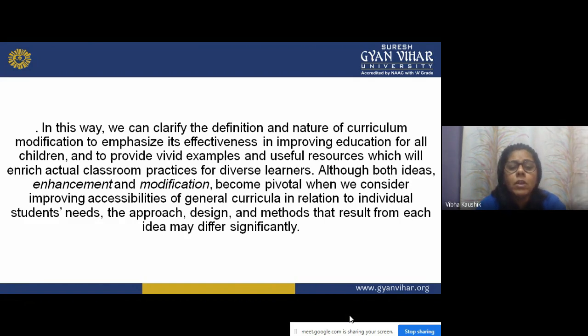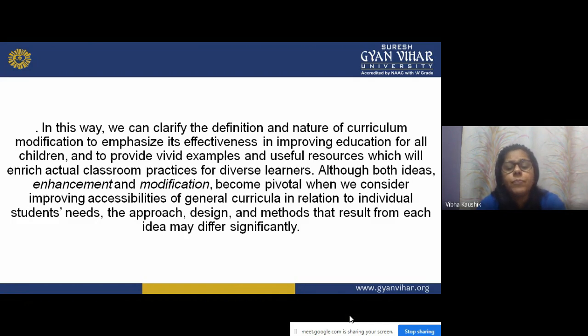We are focusing on both terms, the enhancement of the curriculum and the modification of the curriculum. When we say we have to improve the accessibility of the curriculum and its relation to individual student need, the curriculum should be according to the particular needs of the student.